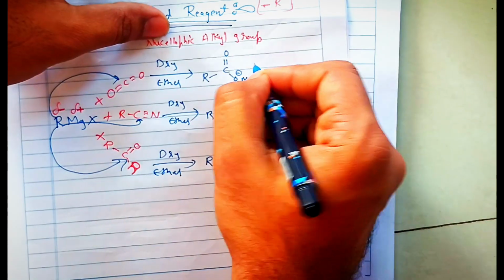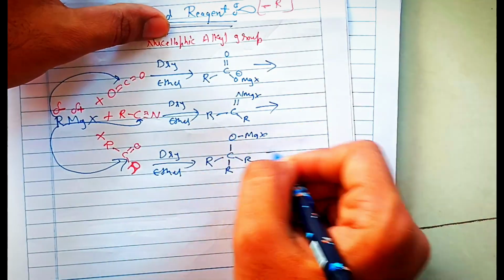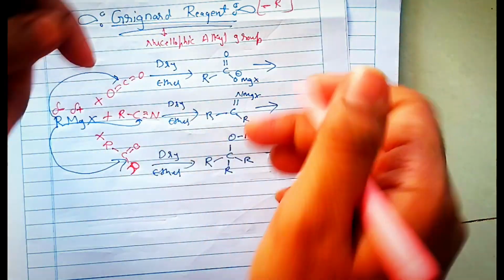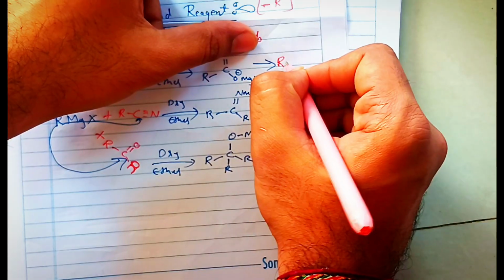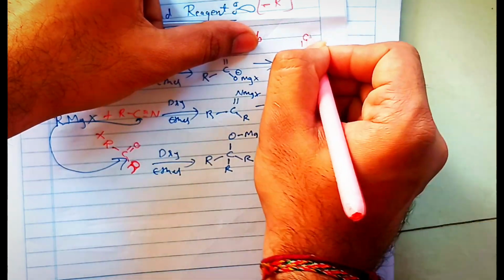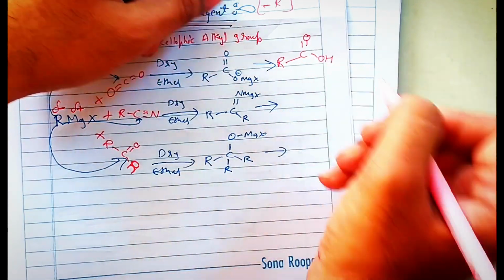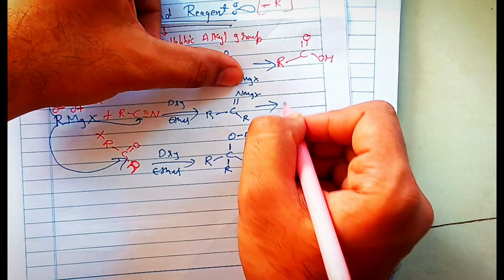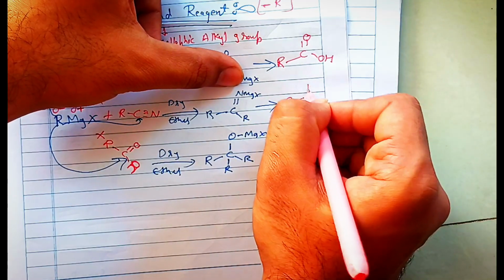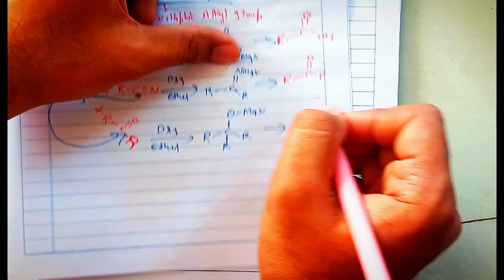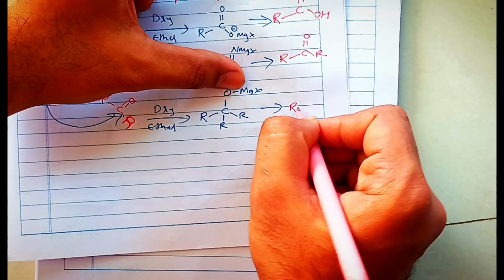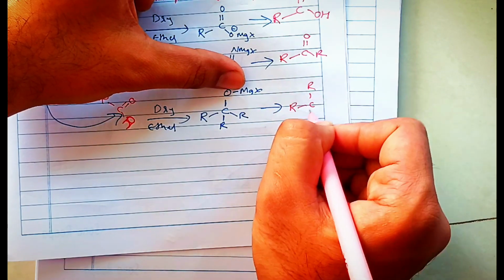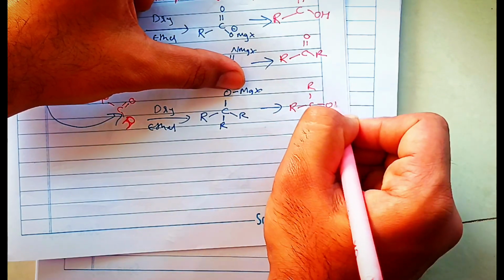Then the products will be R C double bond O OH, and here there will be R C double bond O R, and here there will be R C R R, and then OH.